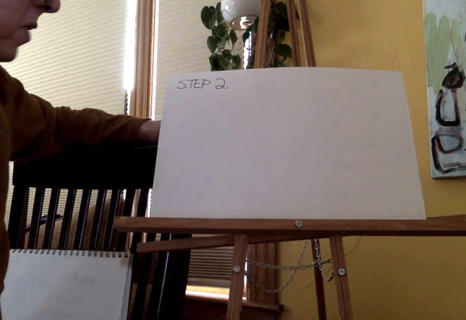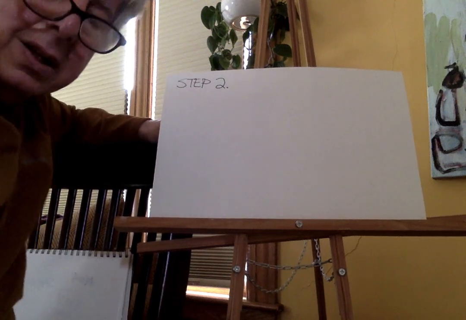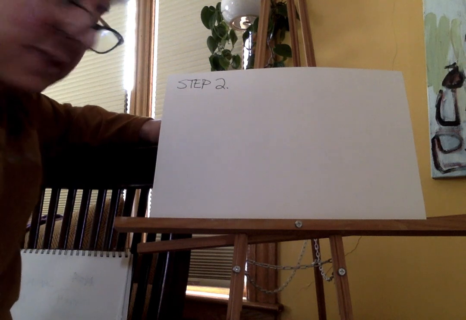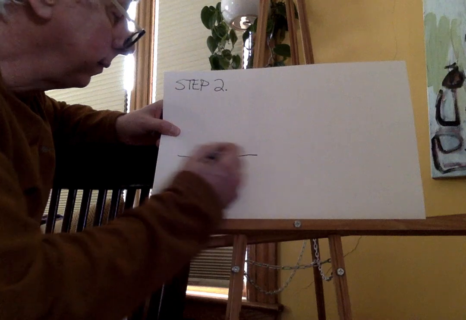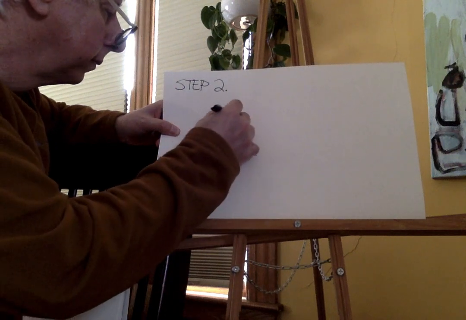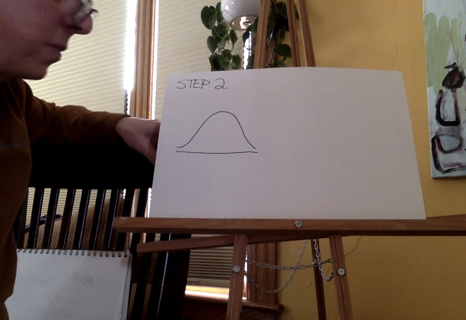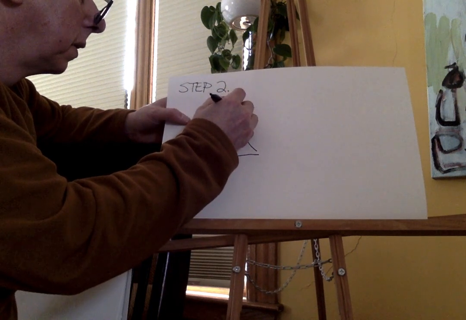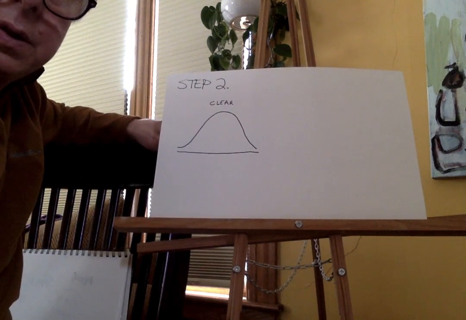Okay, so here's what we're going to do. We're going to put our z-score stuff together. We're going to put our central limit theorem, all that stuff. Let's suppose that this is the clear solution distribution.